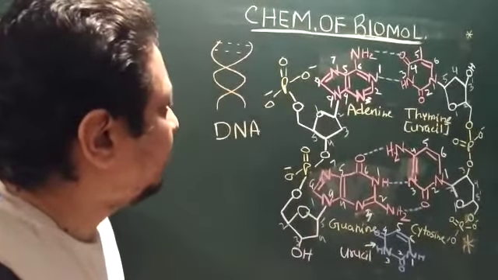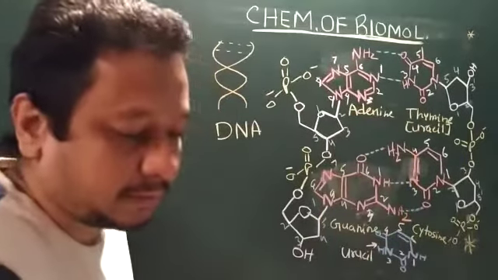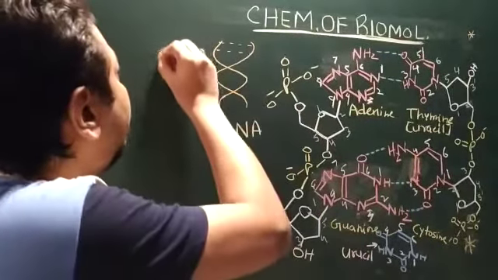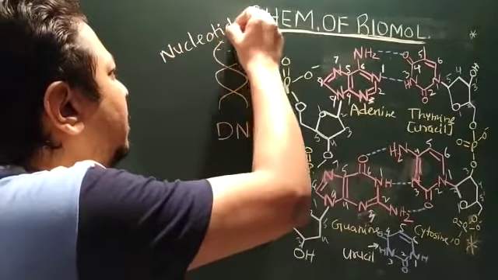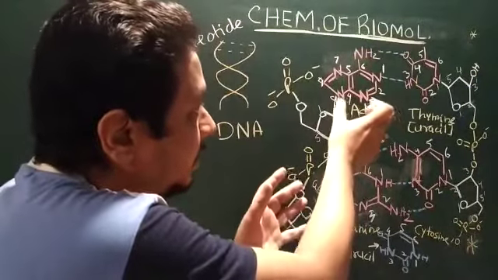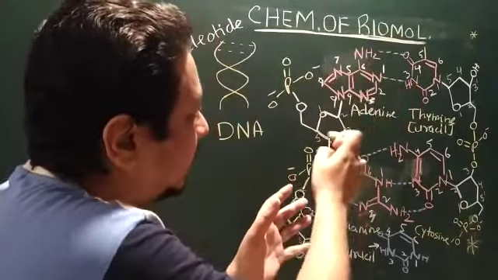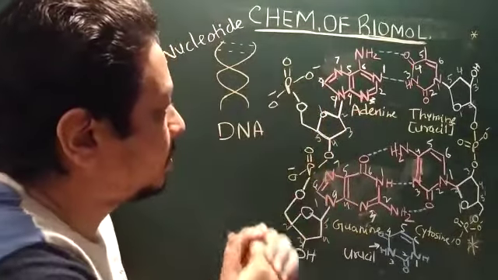Now DNA is mainly made up of nucleotides. What are nucleotides? Nucleotides consist of one nitrogenous base, a ribose sugar and a phosphate functional group.